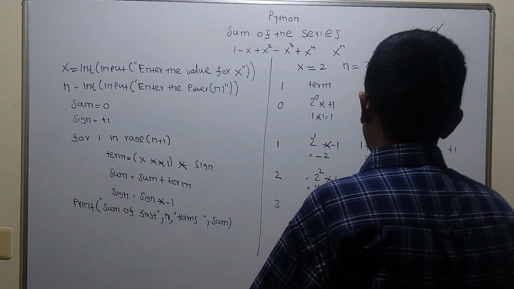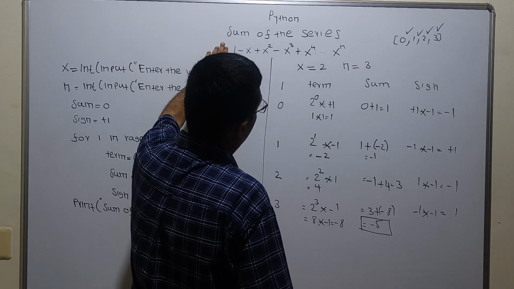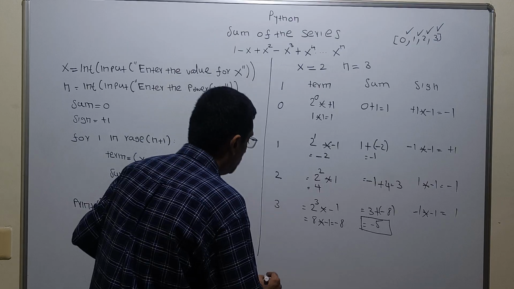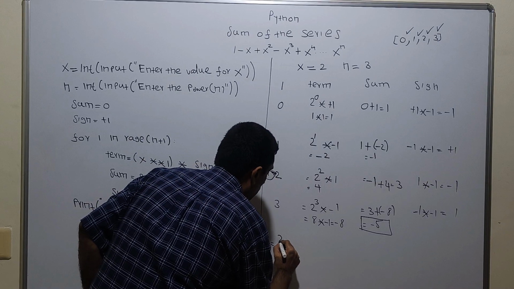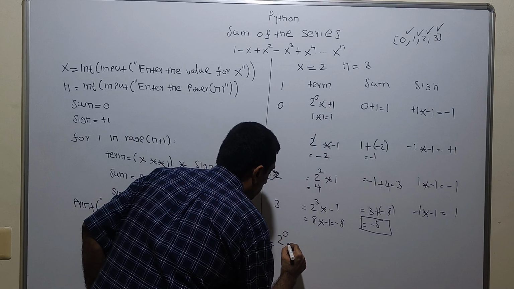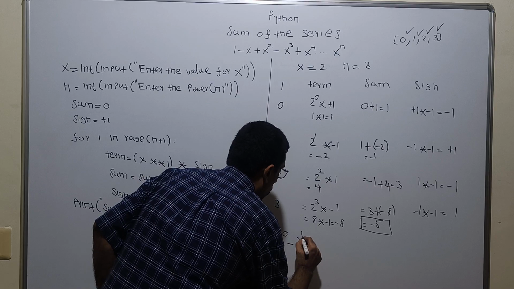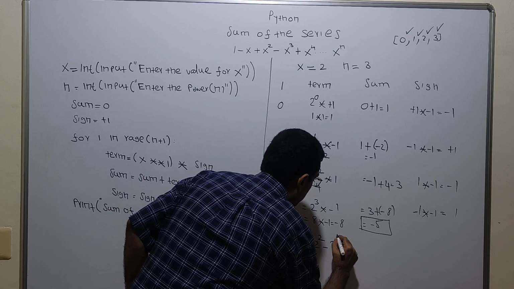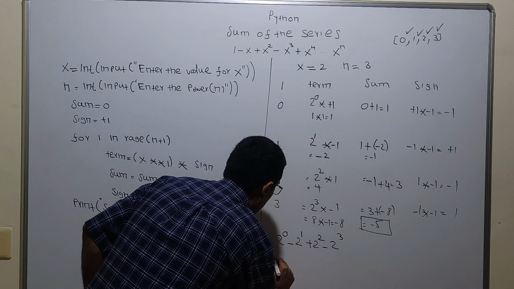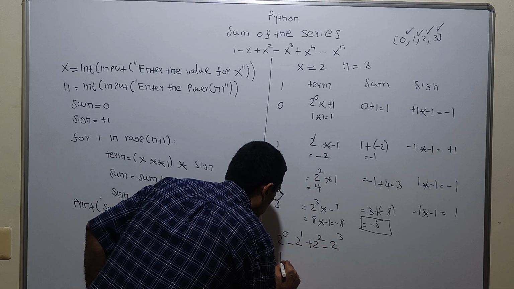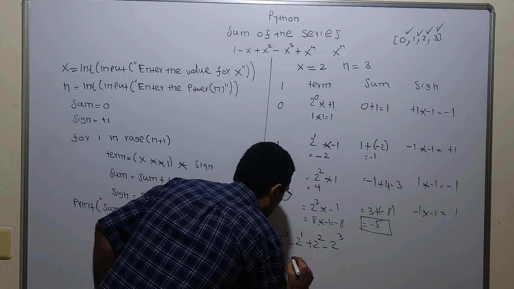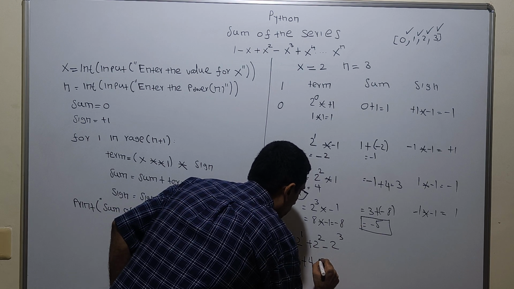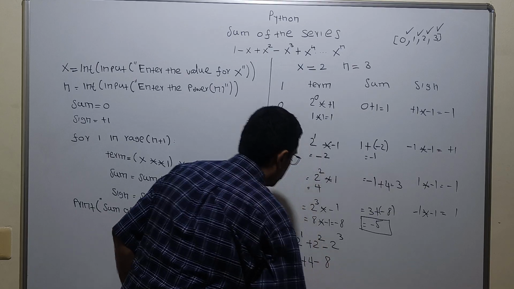So we will check manually. For example, I am taking x equal to 2 and n equal to 3. So initially this is 2 power 0 minus 2 power 1 plus 2 square minus 2 cube, which is equal to 2 power 0 is 1, minus 2 power 1, which is minus 2, plus 2 square which is 4, minus 2 cube, which is minus 8.